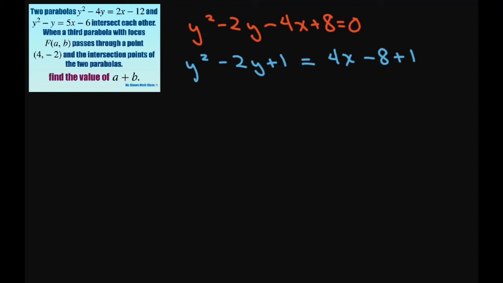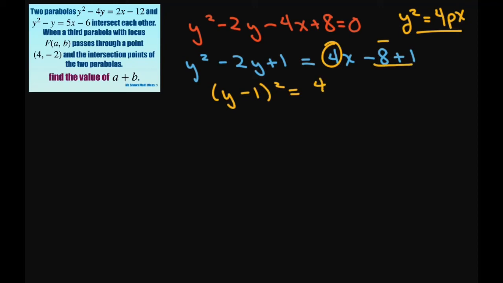So this left-hand side is going to be (y minus 1) squared. And I had to bring out this 4 because we want this form, y squared equals 4px. So if you pull out a 4, this is going to be x minus 7/4, because that will give you what we need.